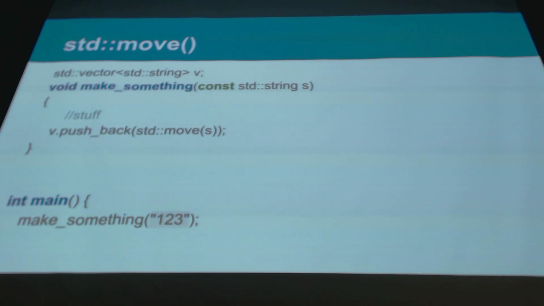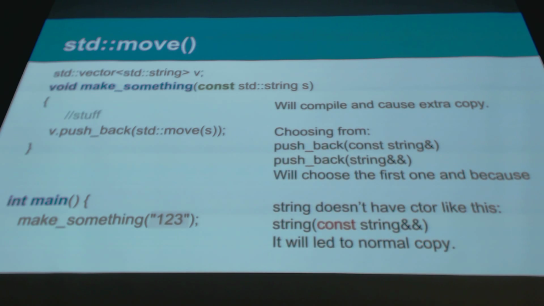So what was wrong here? Why does it compile, and why are we making a copy? Did std::move not work? It turns out that std::move did work, but it just changed the type to something like const string&&, which is an Rvalue, but we cannot take advantage of it because it's constant. You will never see a function like this, because nobody wants to take something by const Rvalue ref. It doesn't make any sense.